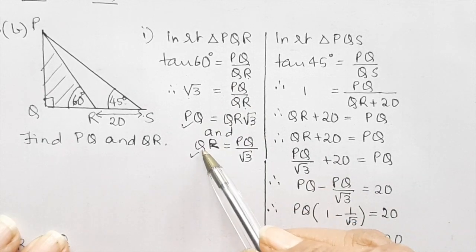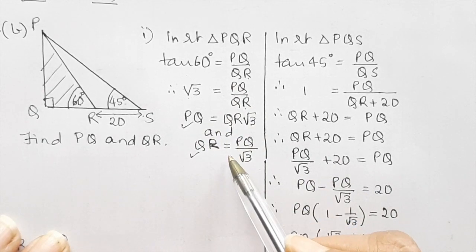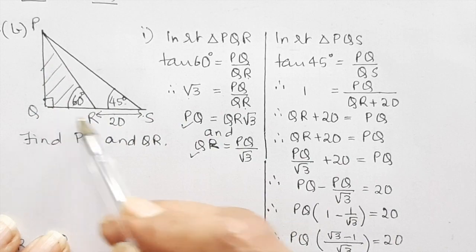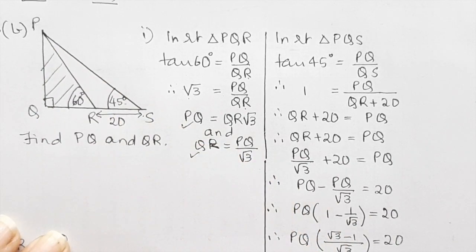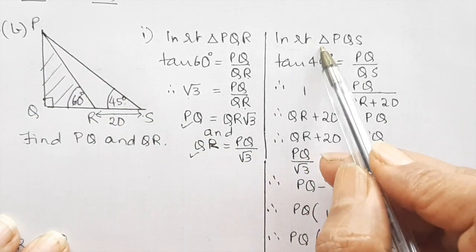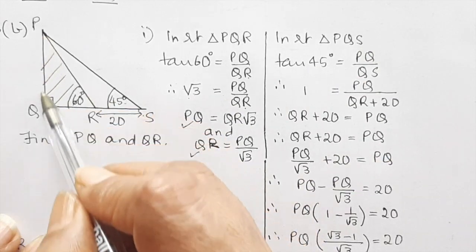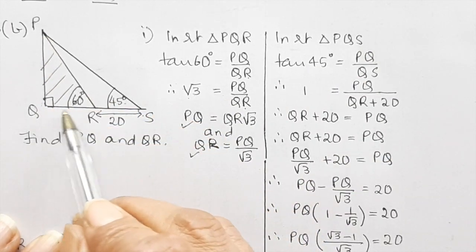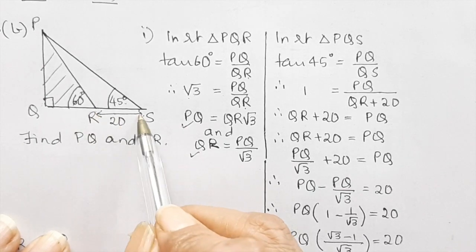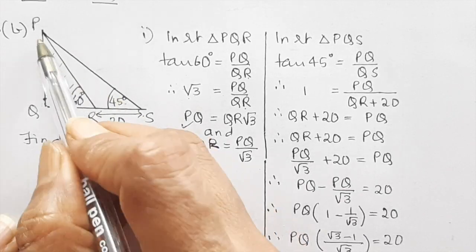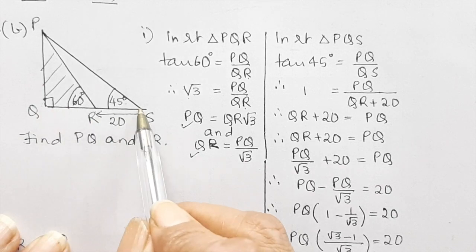Now, in order to know what we have to continue with, we will go to the second triangle PQS. In right triangle PQS, tan 45 degrees, because we have to find PQ and QR, and this 20 is given. So we are going to take PQ and QS.